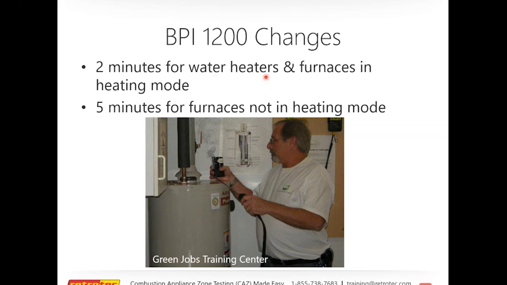Those are normally warm constantly. So that's 2 minutes. We only give that 2 minutes for spillage because the actual flue pipe is already warmed up, and that draft should be flowing out of there quite quickly. Or furnaces in heating mode. And then 5 minutes for furnaces that are not in heating mode.